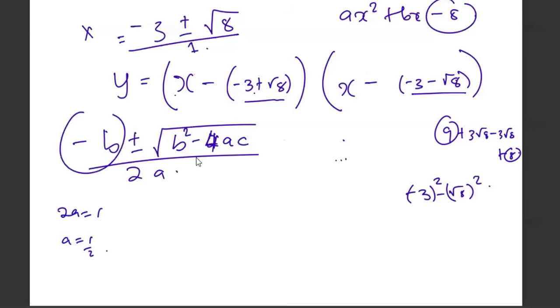And then does that mean that negative B is the same as negative 3, which means B is a 3? Okay, if B is a 3, let me try to use the same approach and try to look for C, or substitute these numbers and see if I'm going to get this 8. So our B is a 3, so 3 squared minus 4 times a half multiplied by the C, which is 8, which is not going to make sense though.